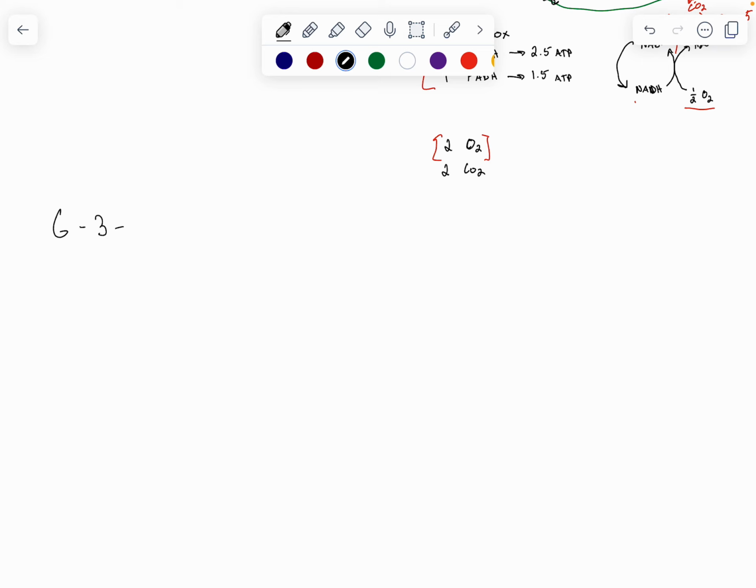So G3P, 1,3 biphosphoglycerate, and then just a huge jump down here to pyruvate, and then over to lactate right here.